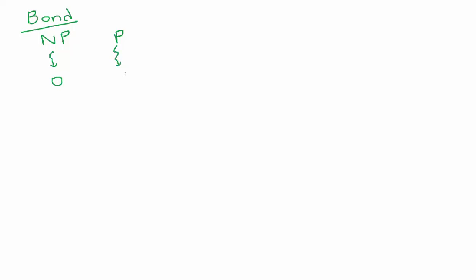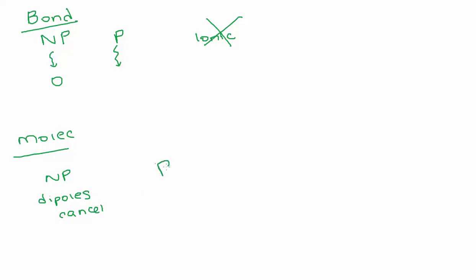If there's a difference in electronegativities, then it's going to be polar. We're not going to consider ionic, because in ionic bonds you don't have any sharing of electrons; instead they're donated, which is the extreme where they're shared so unequally that they're in fact donated. For a molecule, it is nonpolar if your dipoles cancel out. It is going to be polar if your dipoles do not cancel. And that's it.